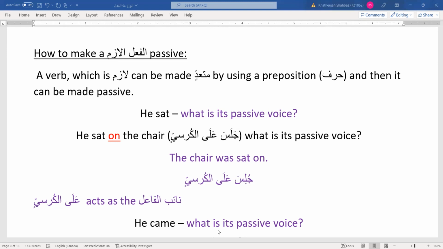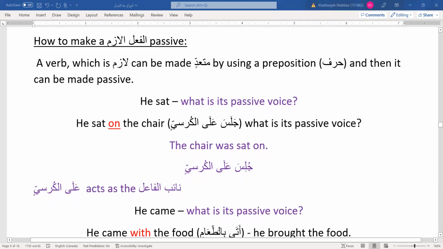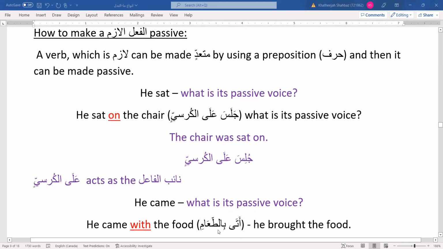It is a fi'l lazim. It is intransitive. But I'm going to do exactly the same thing. I'm going to add a harf, bi.